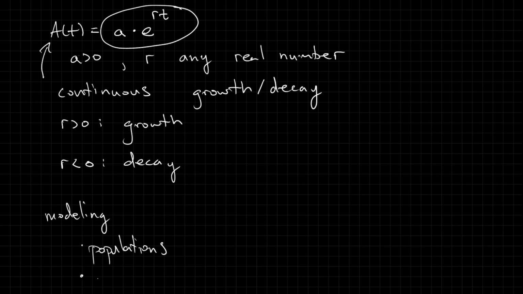It's used in modeling radioactive decay, which is how we carbon date things. It's how we know how old, for example, a certain fossil is. This model is used in epidemiological models, so epi models for spread of diseases.